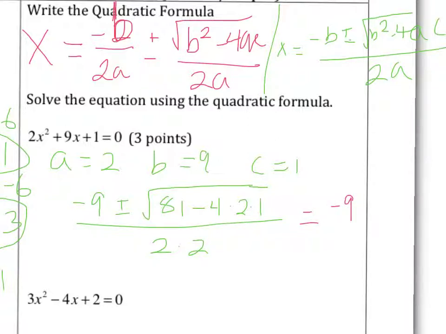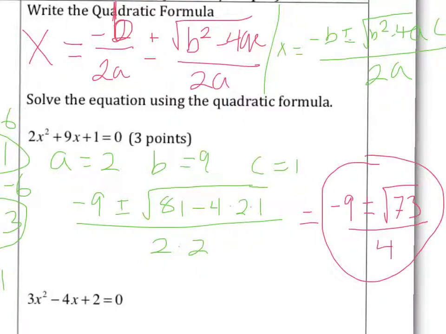Negative 9 plus or minus square root of 73 all over 4. Since 73 does not have a clean square root, we are done. I'd like you to notice you still have your two answers. You have negative 9 plus the square root of 73 over 4 and negative 9 minus the square root of 73 over 4.